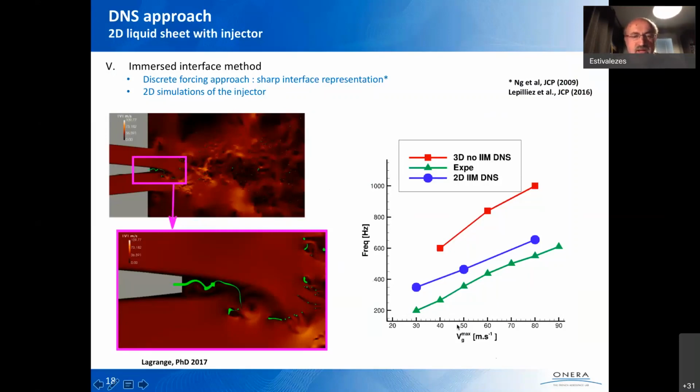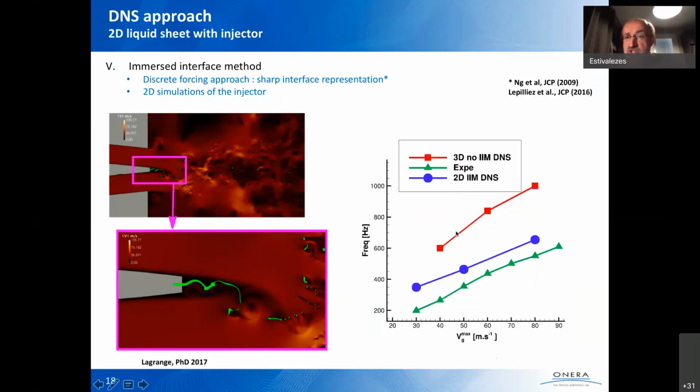So we compare here the main frequency, which is a primary atomization frequency, which is the frequency of the flapping of this liquid part. So here in green we have the experiment results.